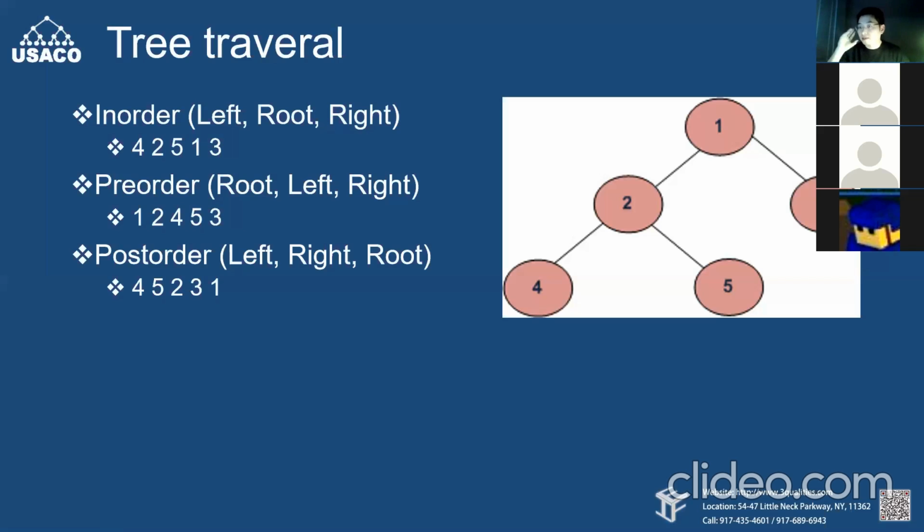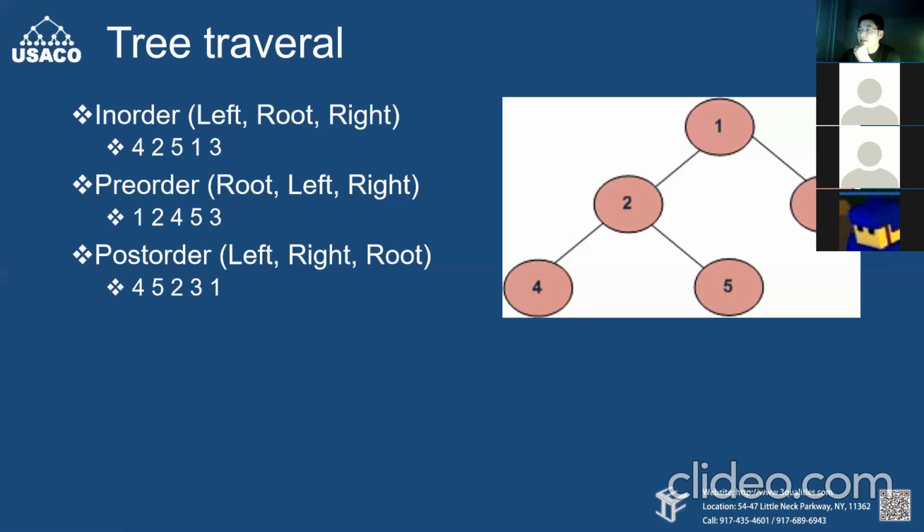If we take the exact example, looking at the example tree here, 1, 2, 3, 4, 5, if we traverse the tree in order, the final printout will be 4, 2, 5, 1, 3. How do I understand that?